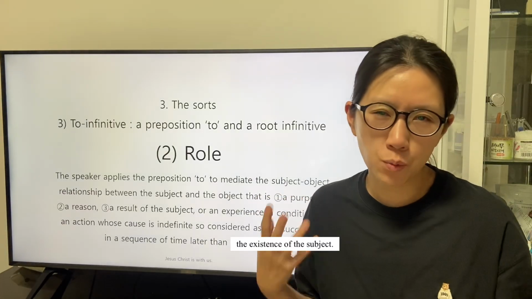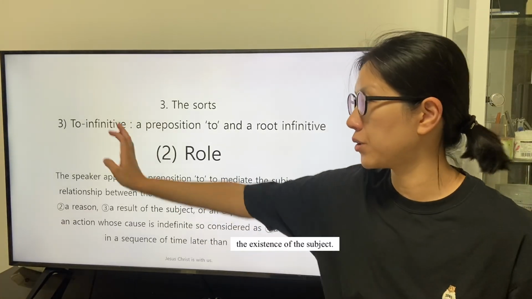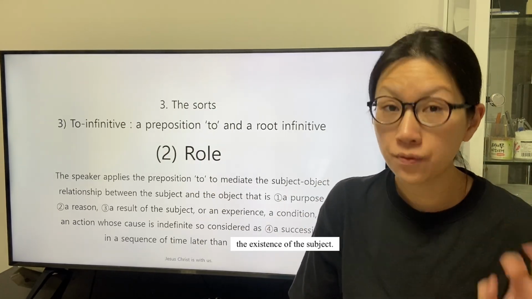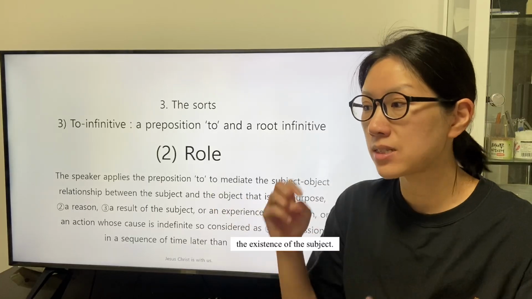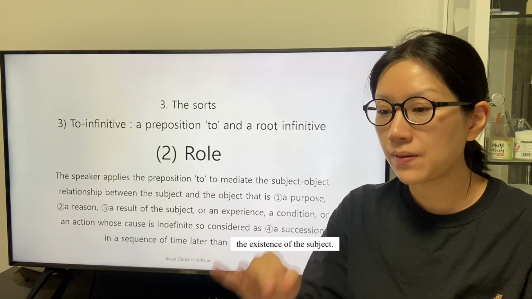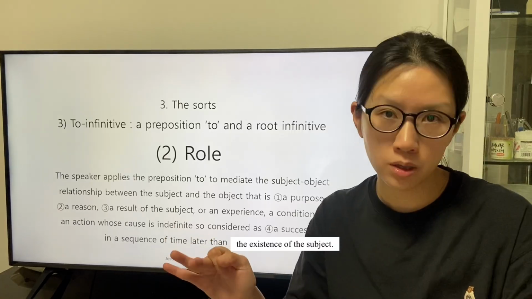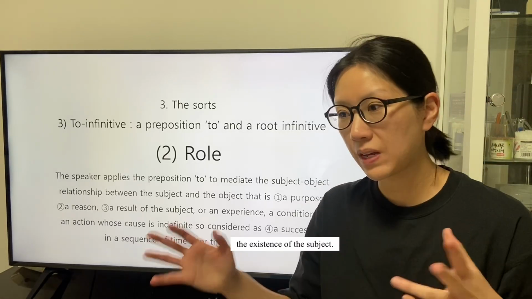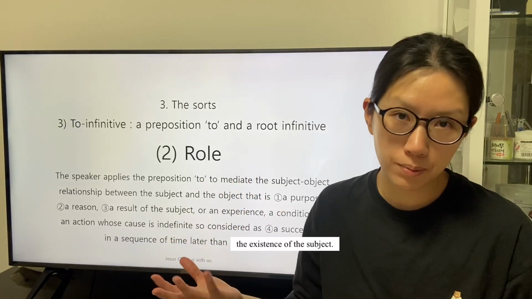We can think of the reason why we study the to-infinitive as the third sort of an adverb, not as one of the sorts classified as a preposition in the fifth classification of an adverb.